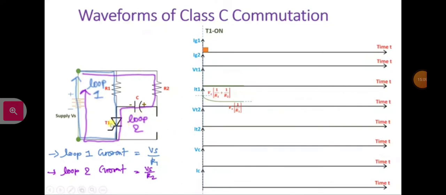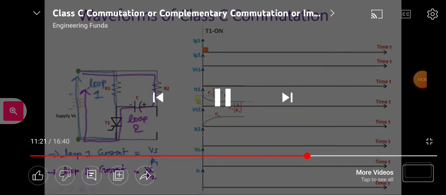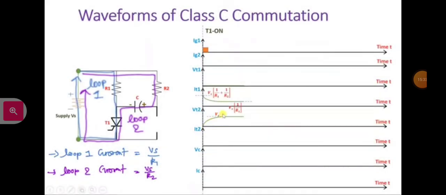If you observe the voltage across thyristor T2, initially it will be 0 as it is appearing across the capacitor, but once the capacitor is charged to Vs, the voltage across this thyristor T2 will become Vs. So you will observe the voltage across thyristor T2 increase to Vs gradually, as you can see in the figure.